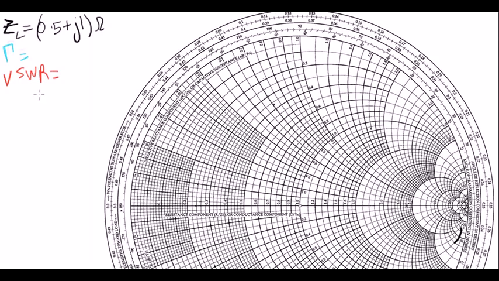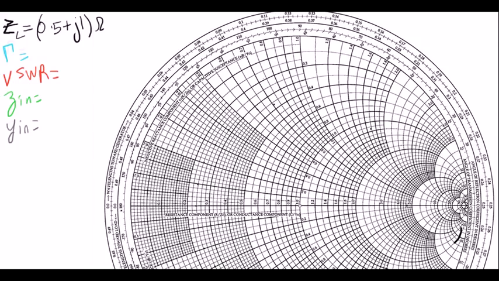Can use this color, and we need the input impedance. Can use this green, and the input admittance, which is abbreviated as YIN.